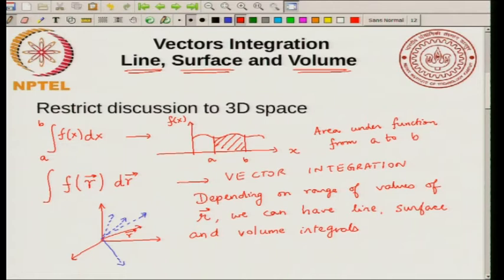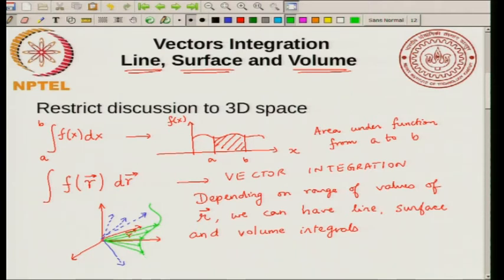Okay. So, depending on the range of values of R, you can have line, surface and volume integrals. For example, if I say that my R should be along this line, then these green vectors are the allowed values of R that touch the line.